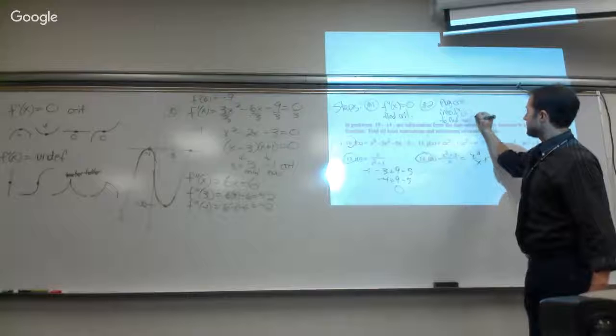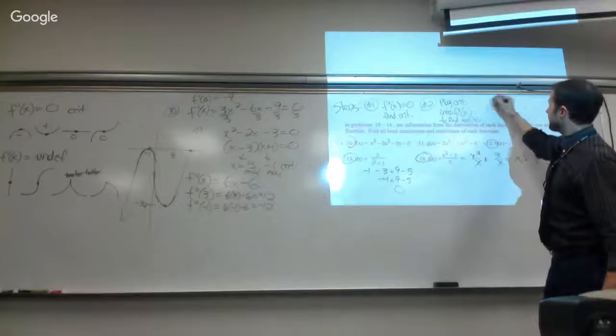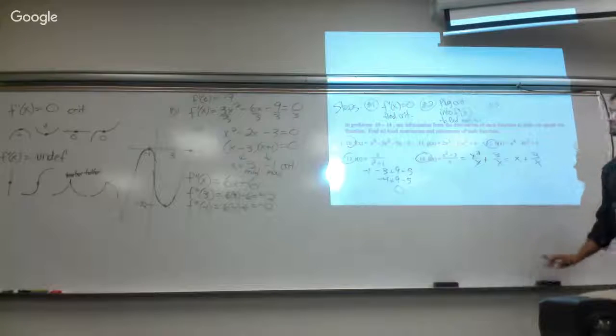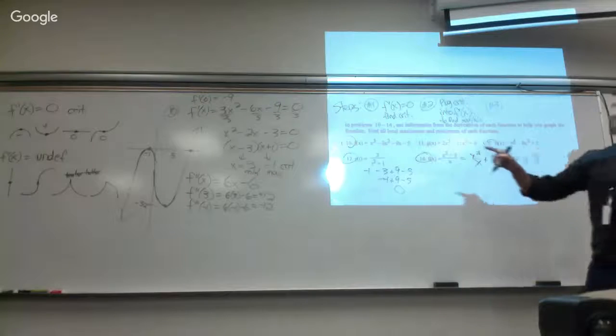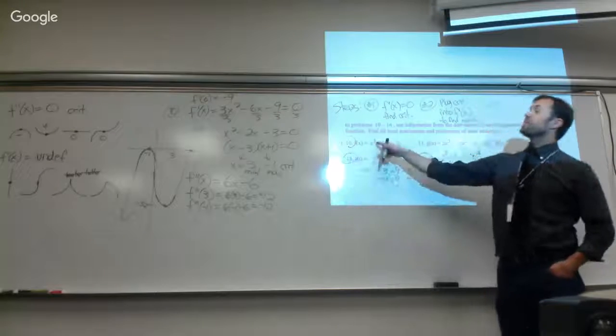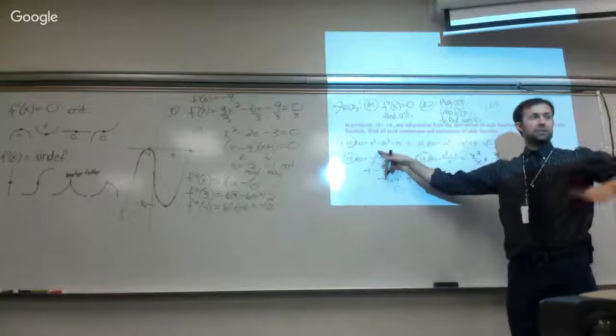Then what did we do? What was step 3? Plug those same critical values into the first function to actually find out how high that max and the min actually was.